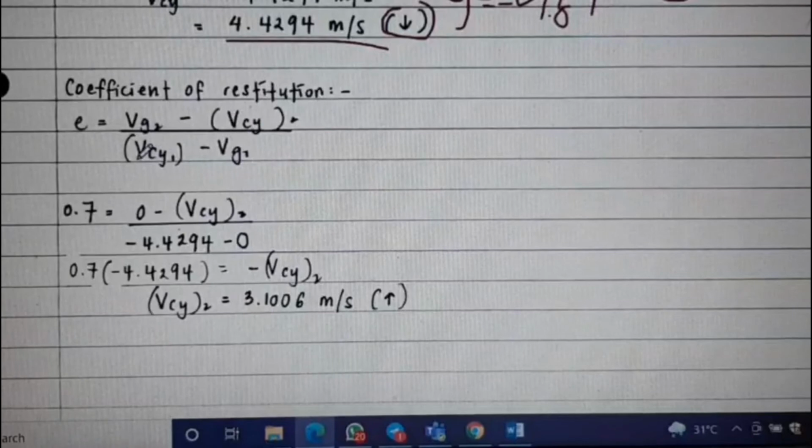Next, we calculate vcy2 by using the coefficient of restitution formula, which is e equals vg2 minus vcy2 over vcy1 minus vg1.